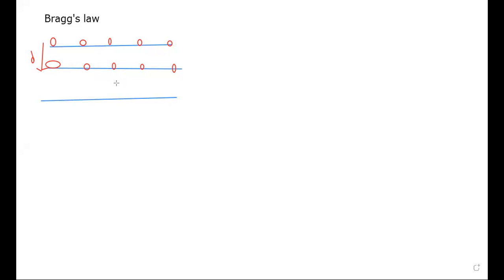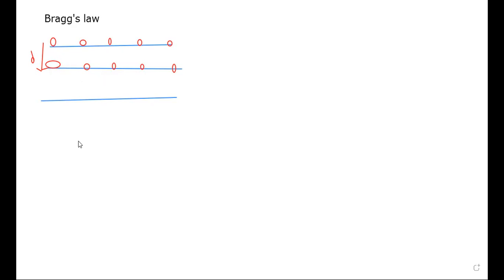In solid substances, the atoms are closely packed and the gap between the two atoms, that is the interatomic distance, is very small. And to study the shape or the structure of the crystal, we use this as a diffraction grating.